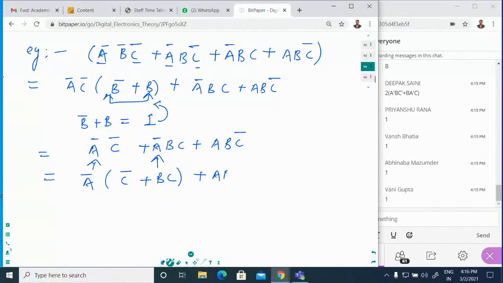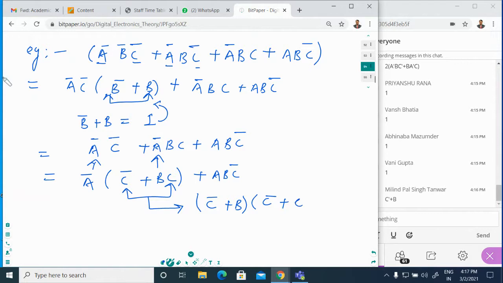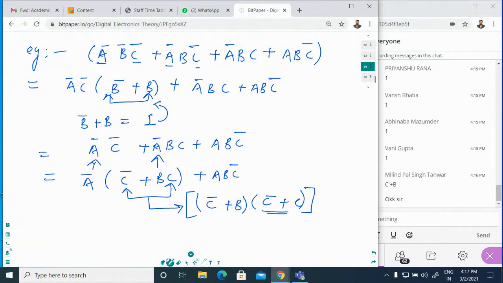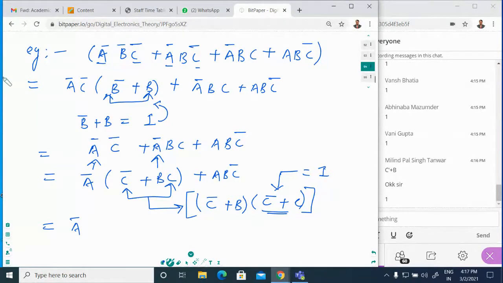Then A plus B plus C bar plus C. To make the complete solution, you have to use this C bar plus C. So what is the output for this? The output for this is equal to 1. We will put the complete value right here.